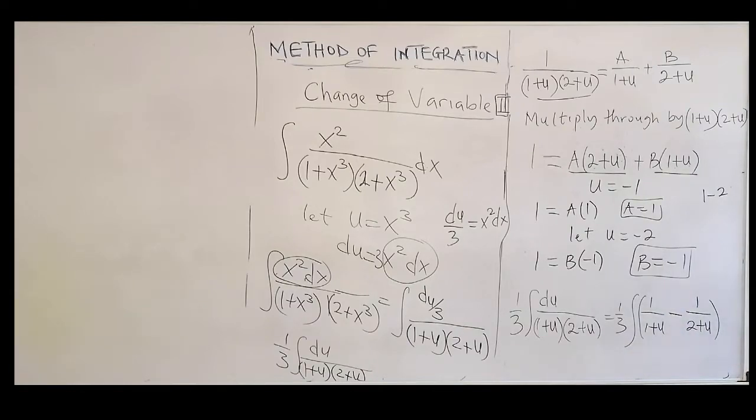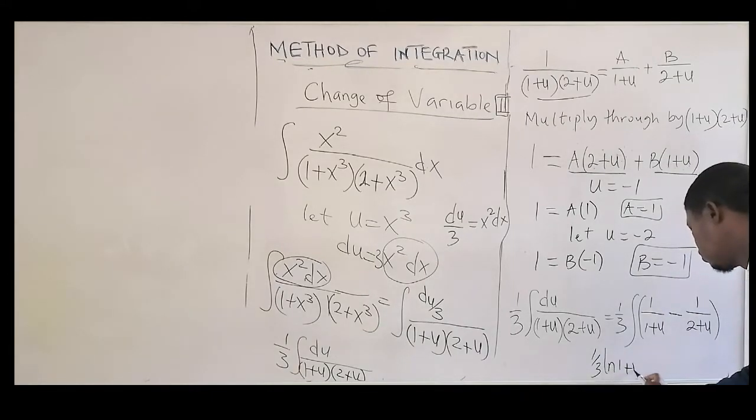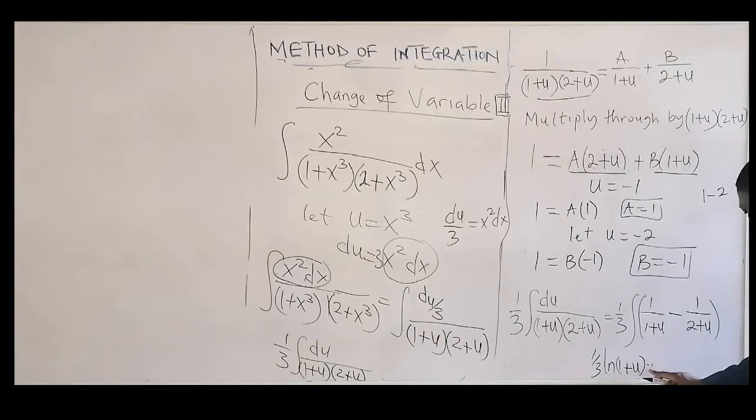Okay, so that's what we have there. So finally, our answer is 1 over 3 ln(1 plus u), plus minus 1 over 3 ln(2 plus u), plus c. So that's that on that question.